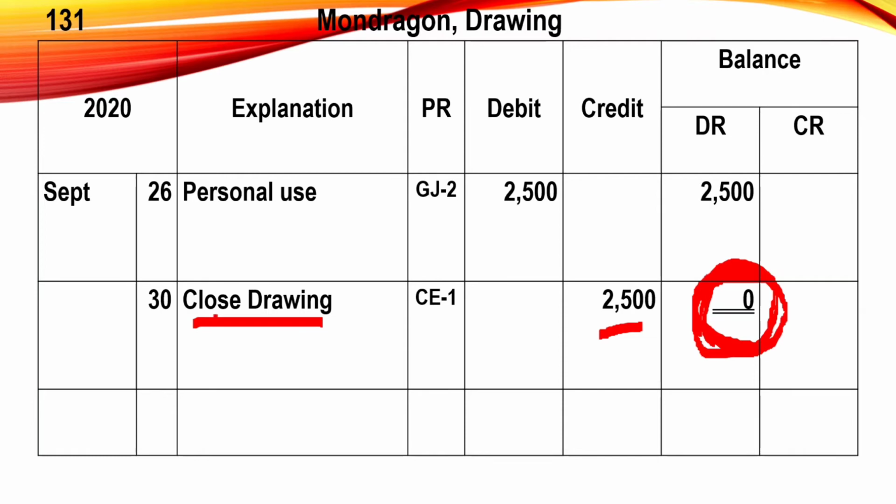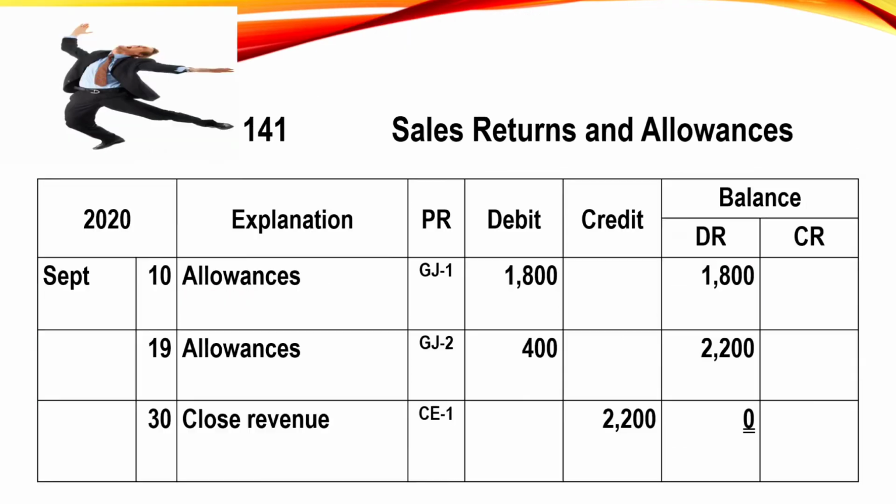So, it is closed. For the next accounting period, it is 0 and ready for new data. In the explanation, we have close drawing, CE. What do you mean by CE? CE means closing entry. We bring it to 0.